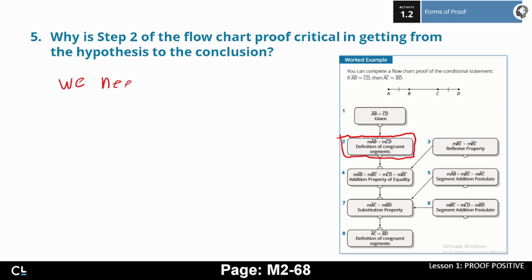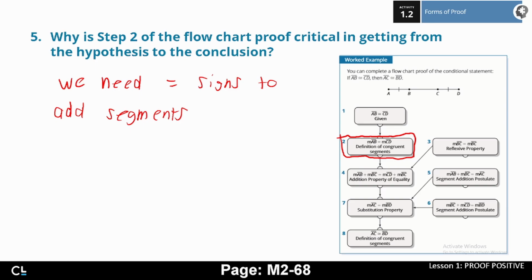We need equal signs to add segments, which we do in the next line. We add segments, so you need the equal sign. You can't add the segments with congruent signs. It's just a formality of writing things in geometry, right?